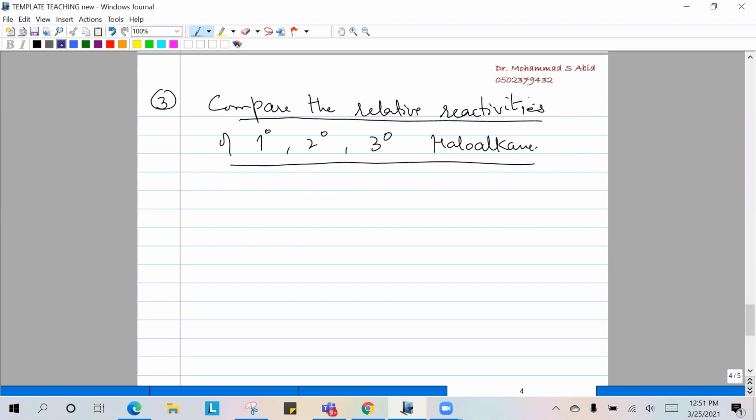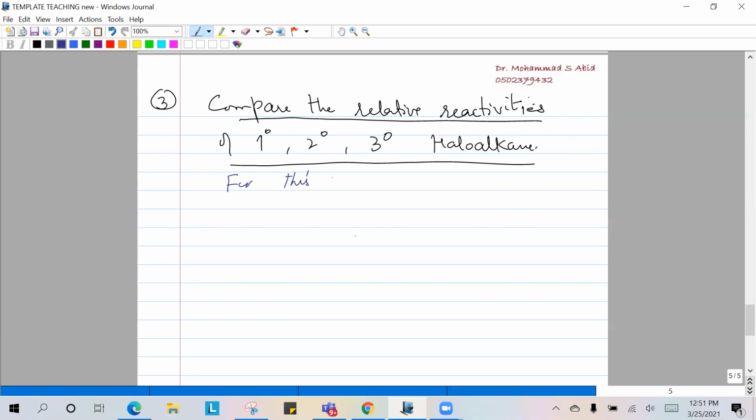So if we want to do this test in the lab, we will take the same molecule. If you want to show which of primary, secondary, tertiary is more reactive or less reactive, you will have to take isomers. Isomers means they should have the same number of carbon atoms and all, and the halogen definitely has to be the same.